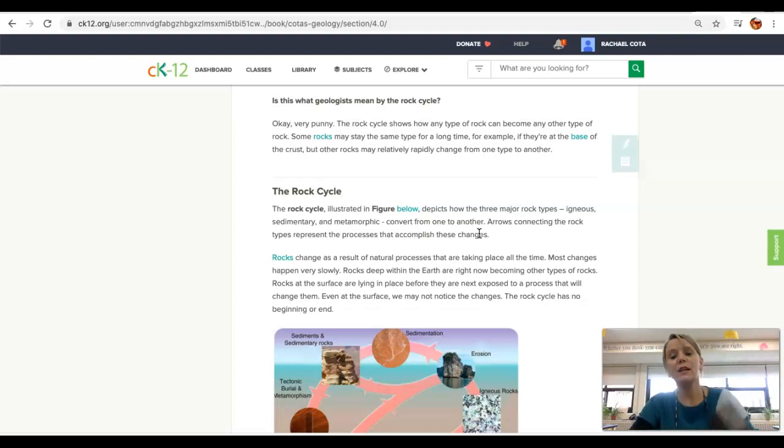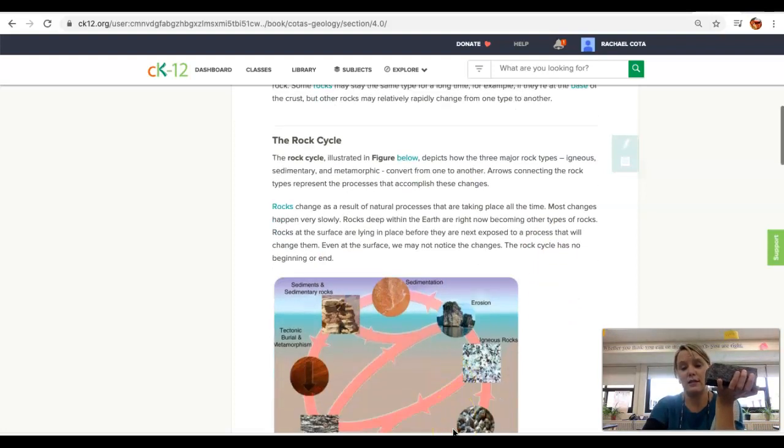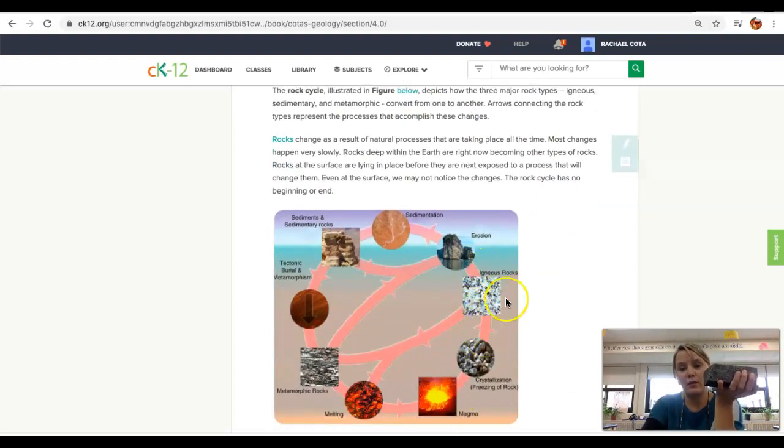Okay? These rocks, if you look down here at this diagram, we're starting with an igneous rock. It can become any other type of rock depending upon the environment. So let's say it goes this route. All right, so it erodes away. Maybe weathering and erosion happens.